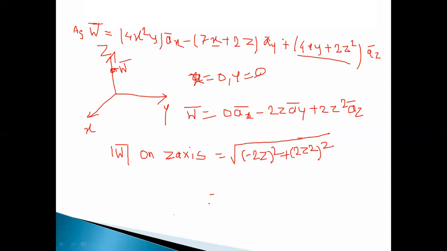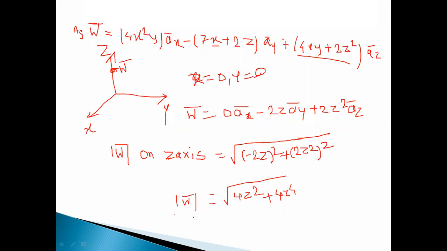So it is equal to the square root of its square, which means plus 4z squared, and again plus 4 and z squared, which means z raised to 4. So this is your mod of w bar on the z axis.